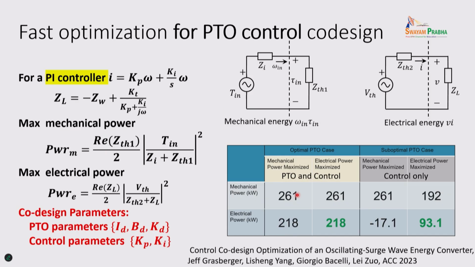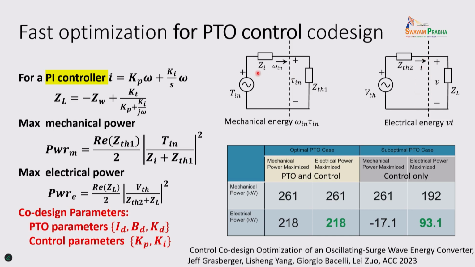I give you the results here, and more details you can find in the paper. Basically, in this flap system, we design the controller, right? We can maximize the mechanical power output, from here, torque and rotation speed. Or we can maximize the electrical power output, right?